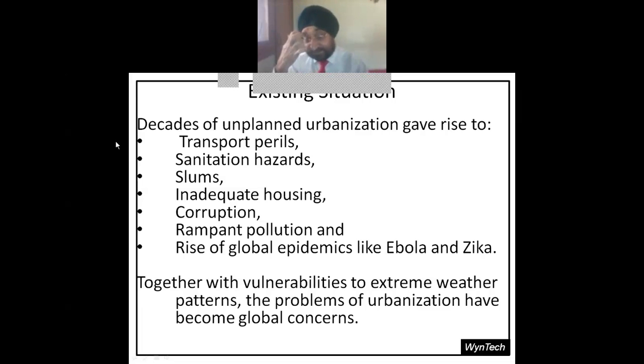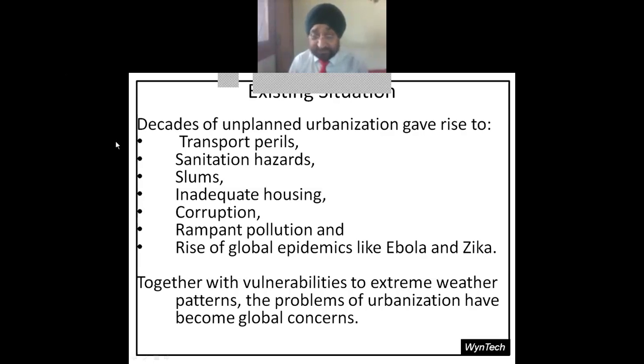When we did this survey, we came to know that this was totally unplanned. Unless they deepen the sewer below the altitude of the circuit house, the problem will remain. Everywhere, slums are a main problem of every metro.